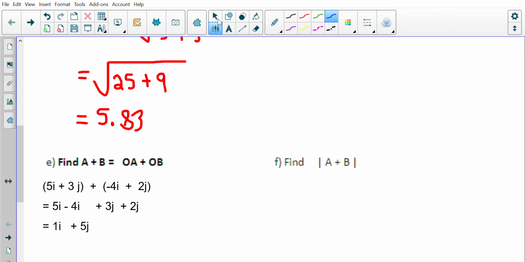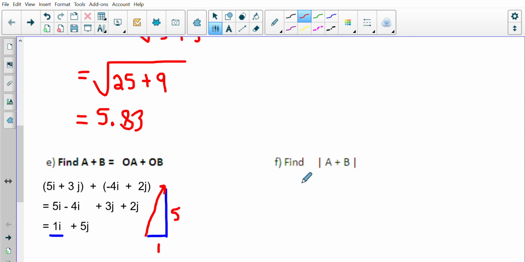And again, I can find the magnitude of that vector because I have the triangle. If I was to add those two vectors, essentially I'd be 1 to the right, 5 up. So I'm looking for the resultant here. And again, it is a right-angled triangle.